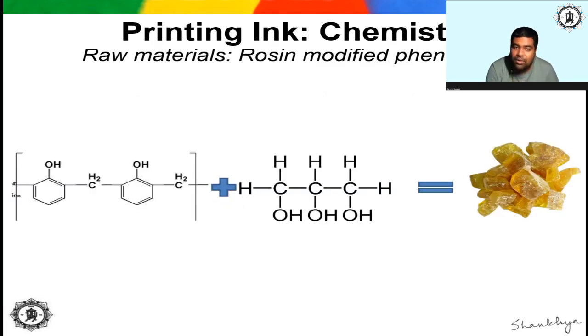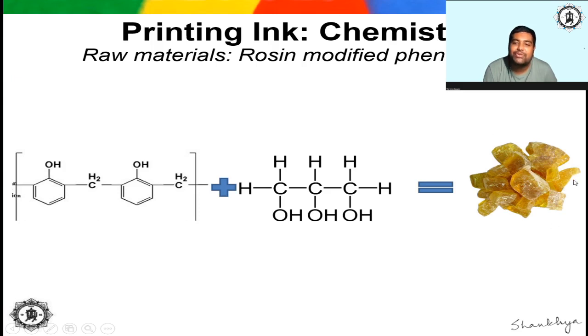Another very popular example is this. Here you see this is known as rosin modified. So when rosin is modified with the help of a phenolic resin, then ultimately, you might ask why in all the cases the ultimate formulation that comes about when you create this rosin modified phenolic resin is so large that I could not accommodate it within a single page.